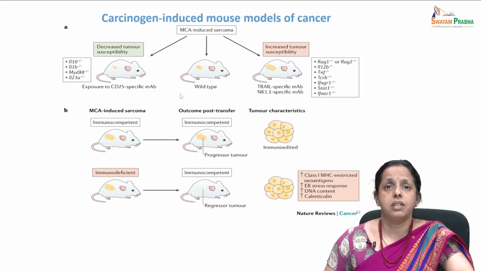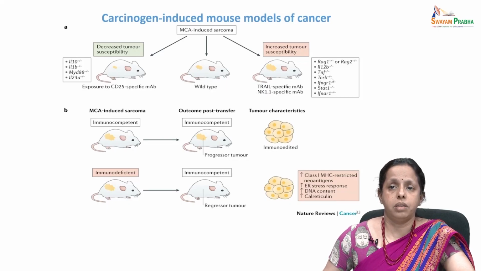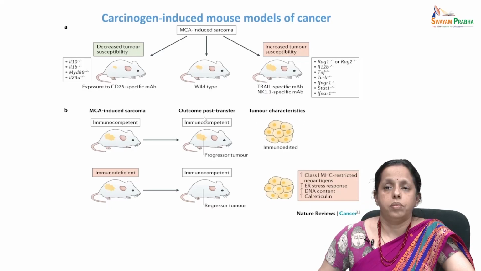By contrast, sarcoma induced in the immunodeficient mice fails to grow or regresses shortly after transplantation into the immunocompetent recipients. As such, these tumors have not undergone any immunoselection owing to the absence of B cells, T cells and natural killer cells. These findings support the immunoediting theory.